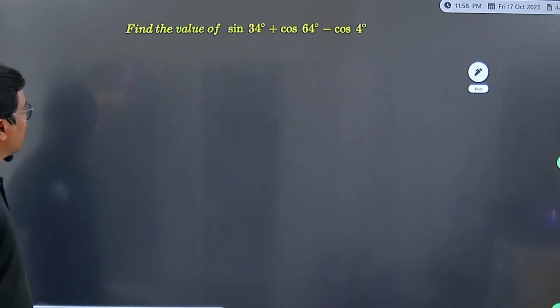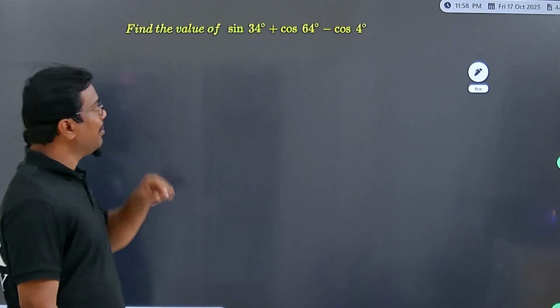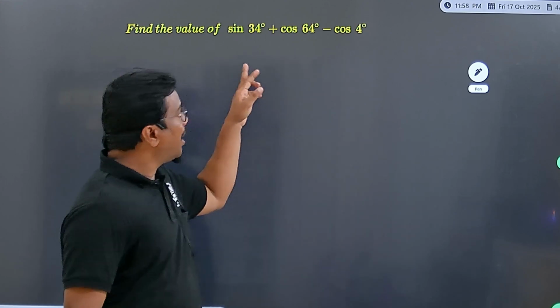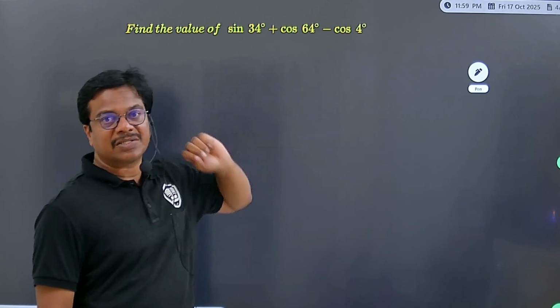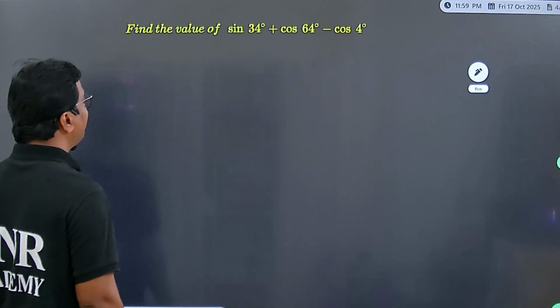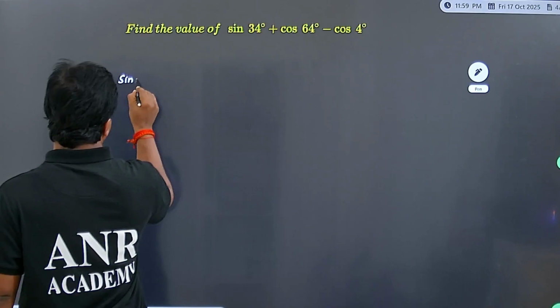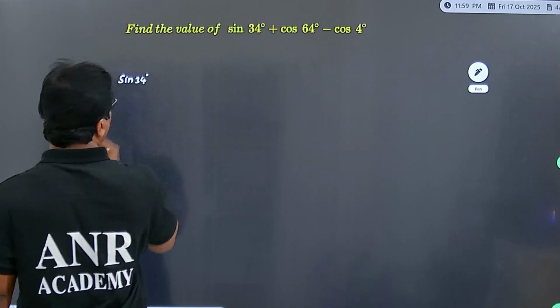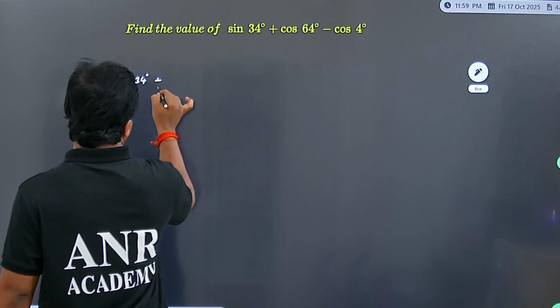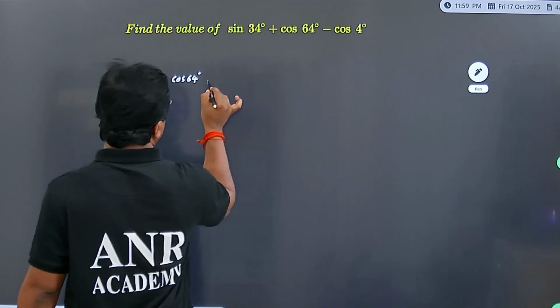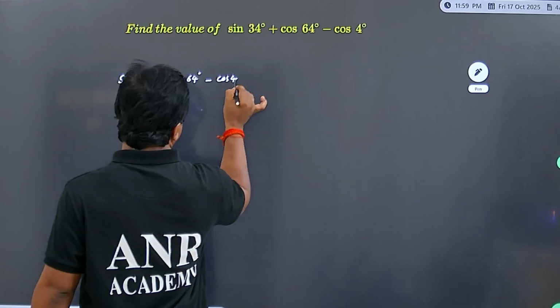Let us move to the next question. Find the value of sin 34 degrees plus cos 64 degrees minus cos 4 degrees. Yes, here the first term is sin angle, sin 34 degrees. Next is the combination cos 64 degrees minus cos 4 degrees.